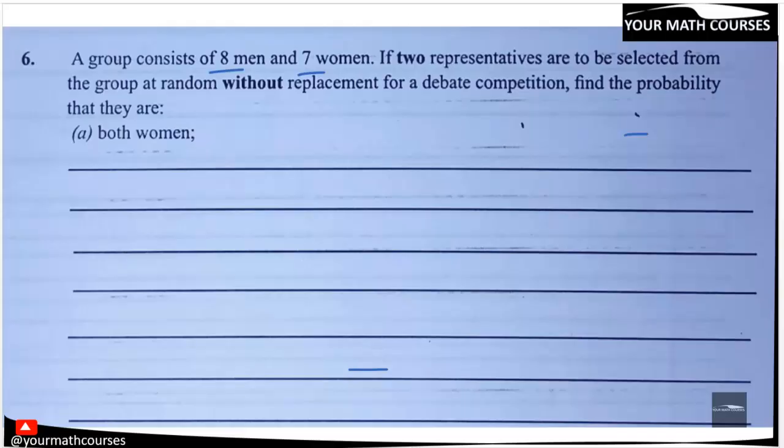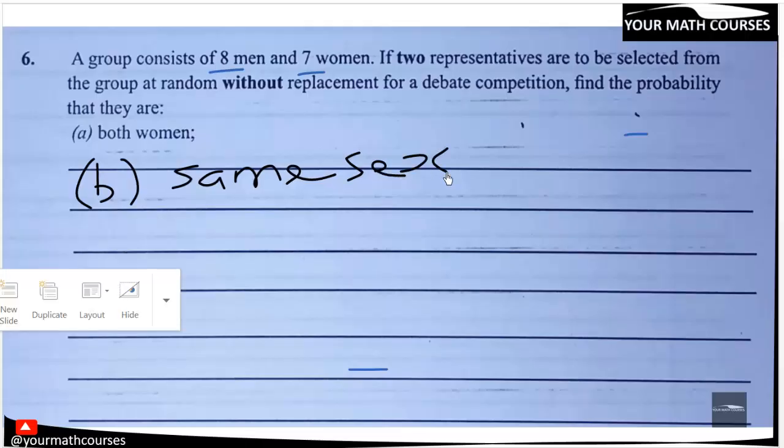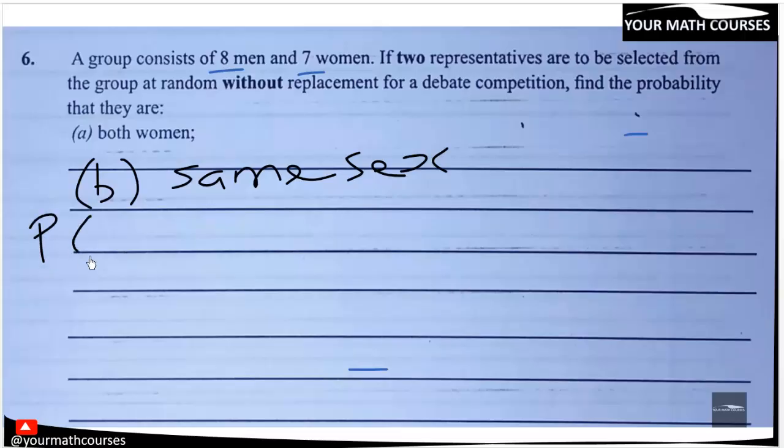Now let's look at the probability of the B part, which says they are of the same sex. So the probability of them being the same sex means they are either both women or both men.